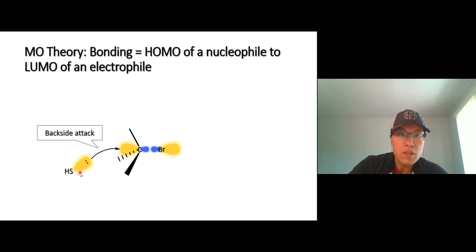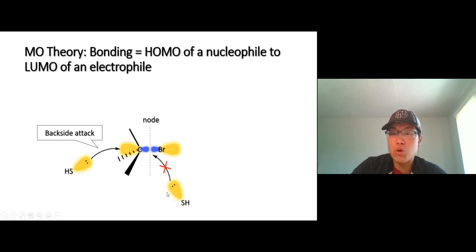So the HOMO of the nucleophile adds onto the LUMO of the electrophile. Now, why does this guy not come from the front? Here's the reason. There's a node right here, which means there's no overlapping at the front side. Only at the back side can you overlap. You see the same color, they can overlap. Different color, they cannot overlap. So the nucleophile cannot overlap anywhere that has a node or a different color. Basically, that's what I want to say.